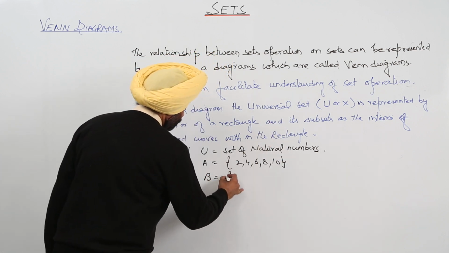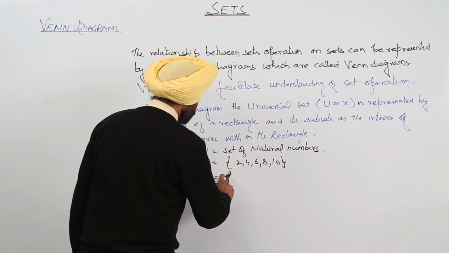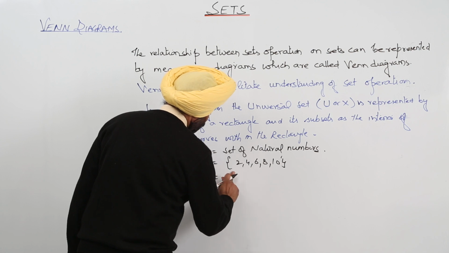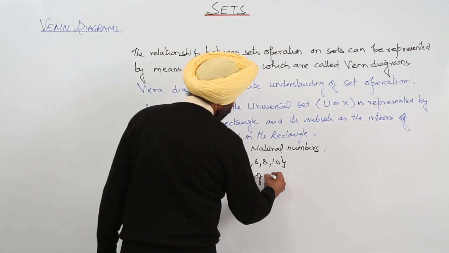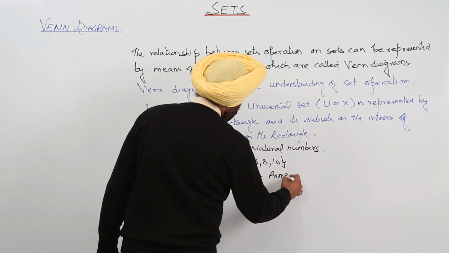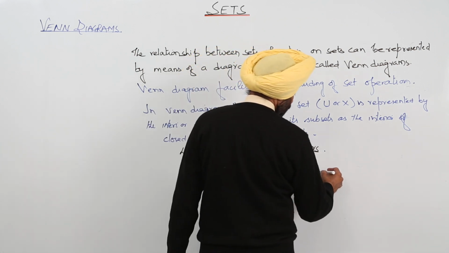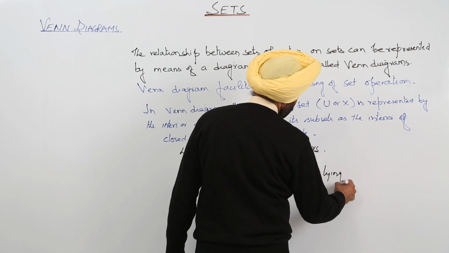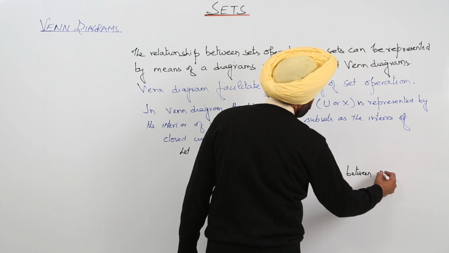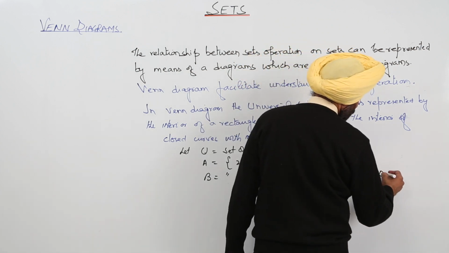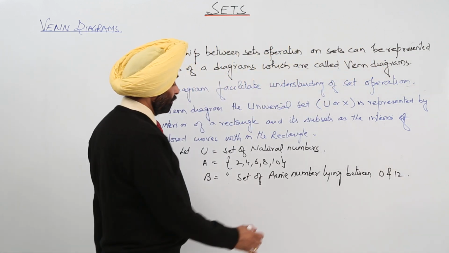Now set B: what is set B? The set of prime numbers lying between 0 and 12. Let it be a statement.